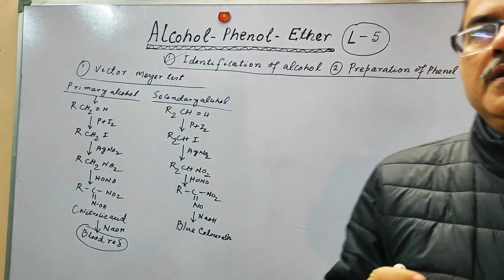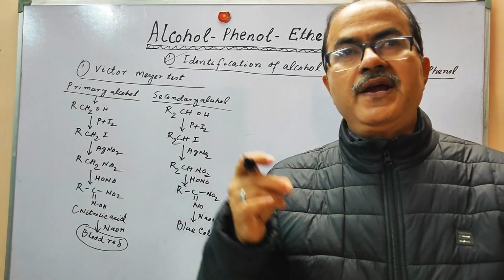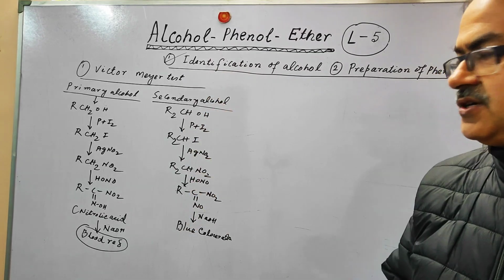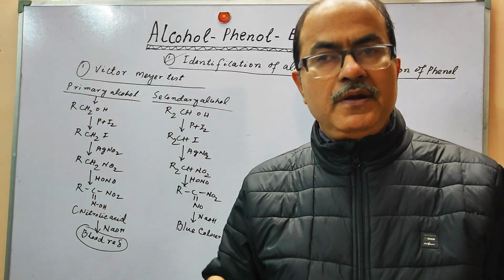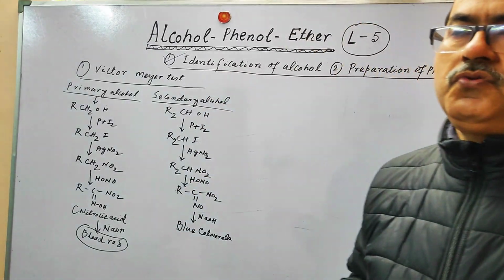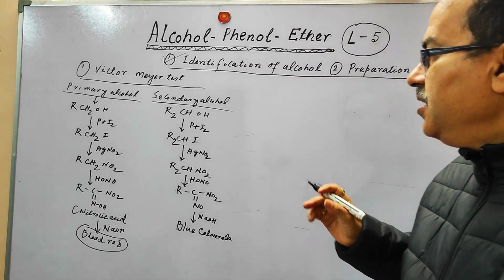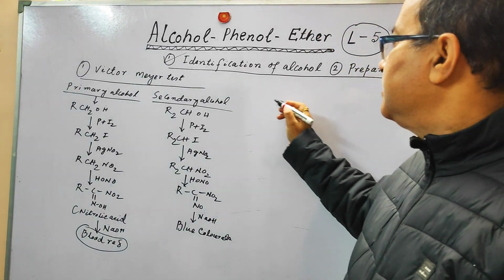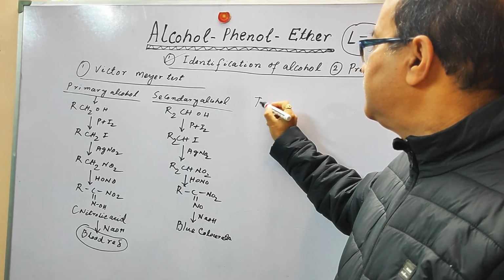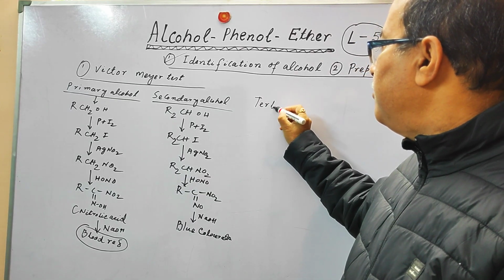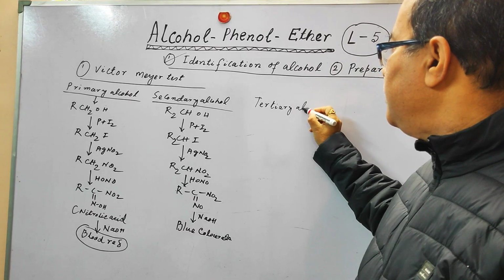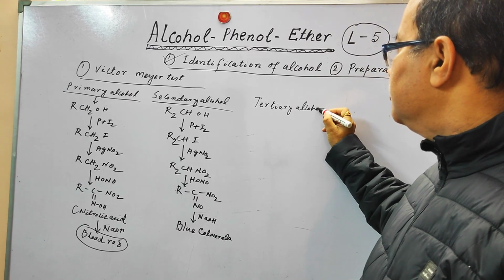So in the Victor-Meyer test, when we find a blood red coloration after undergoing these reactions, you will say that it is a primary alcohol. If it is a blue coloration, it will be the secondary alcohol. And for tertiary alcohol, there will be no such color change.